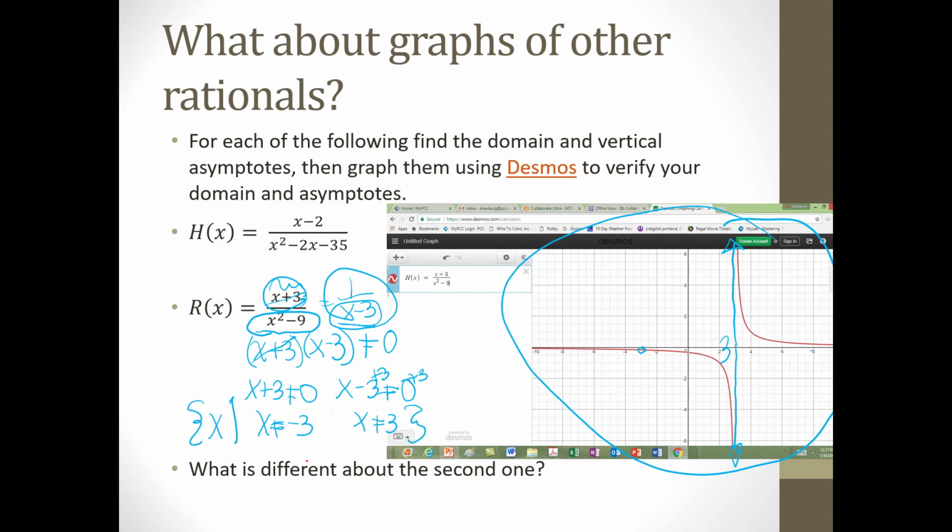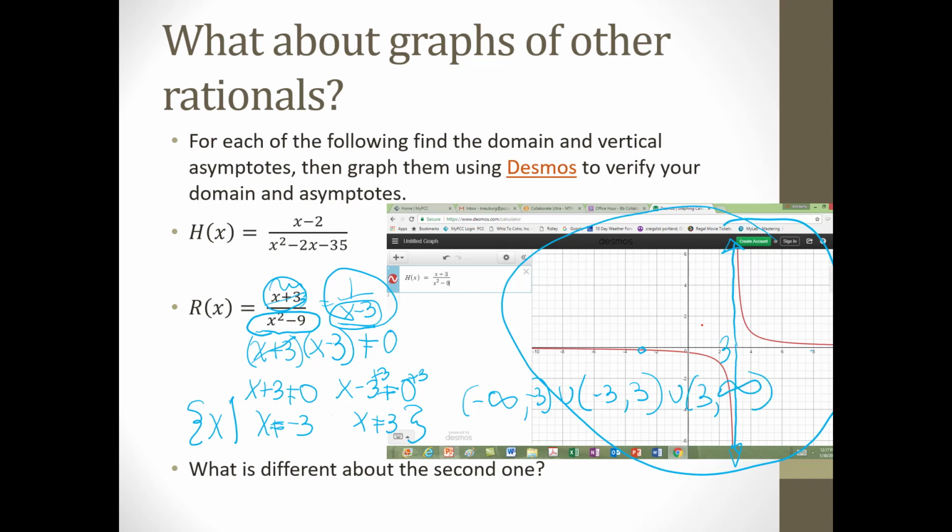You would need to include both. Interval notation, you would need to recognize this removable restriction, the one that canceled out, and you would have to do -infinity to -3 union -3 to 3 union 3 to infinity.